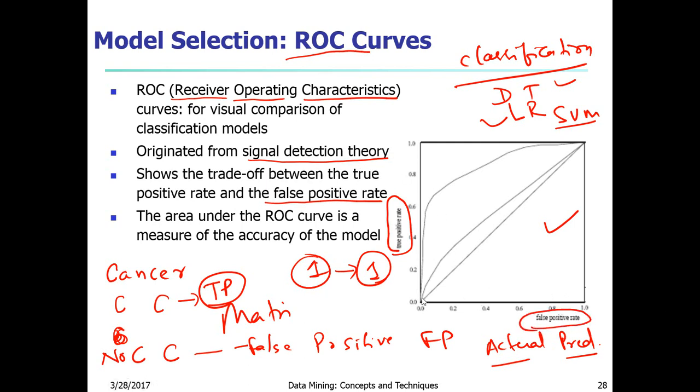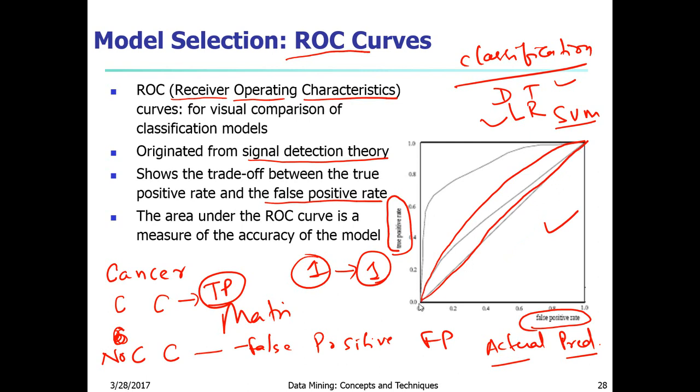Okay, so ideally your ROC curve should always be above the 45-degree line. So this is a 45-degree line, right? This shows that this is the minimum prediction that your model should be able to do. So the ROC curve cannot be below the 45-degree line.